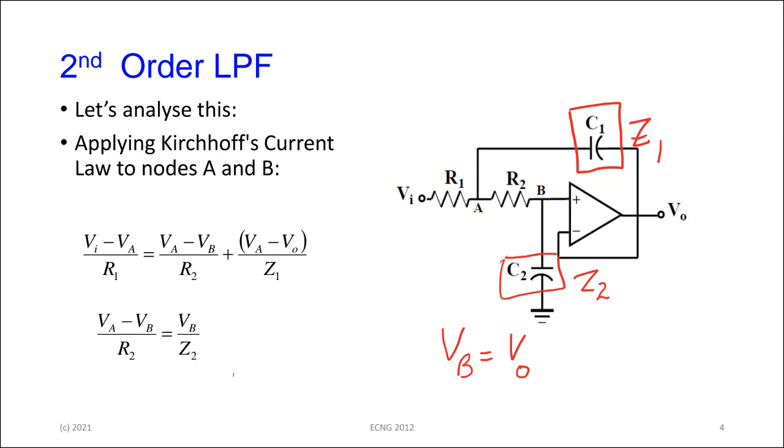These versions of the active filters use one op-amp and the components alongside. Later on, tomorrow, when we meet, we will see how to cascade, which is a question somebody asked since last week, if we can make higher order filters by cascading, and the answer is yes. So we're going to use those in tomorrow's class.